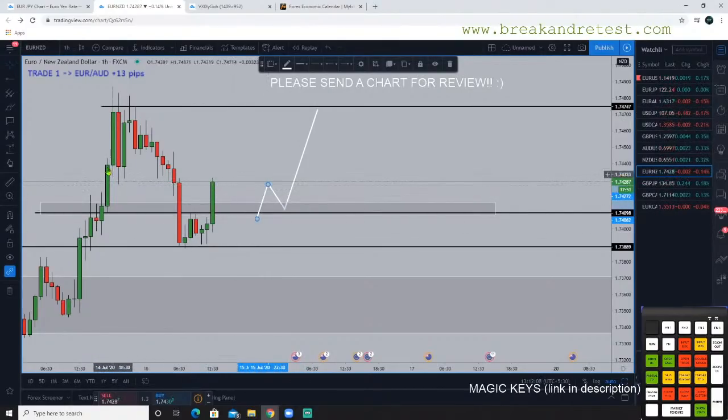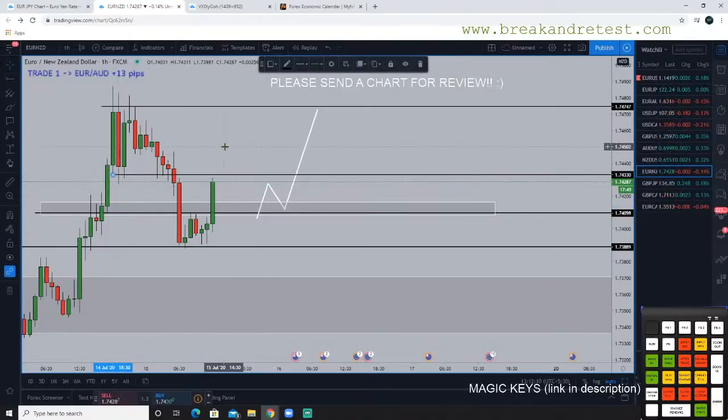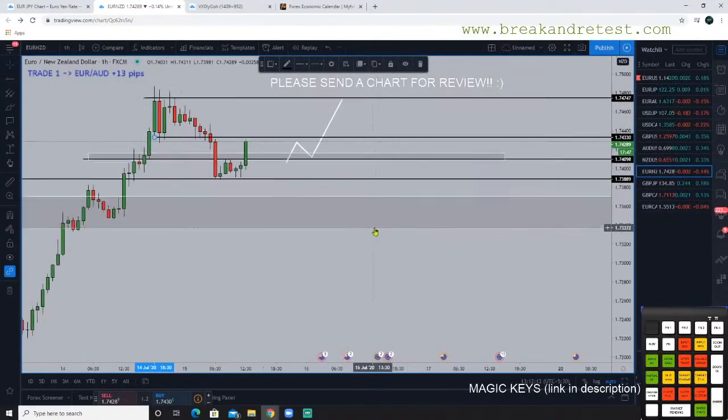If it does close above, the only thing is we have a small zone here that can cause us some problems maybe. Except for that, I think it's pretty good.